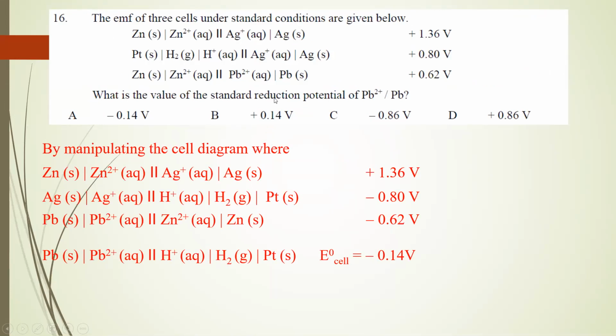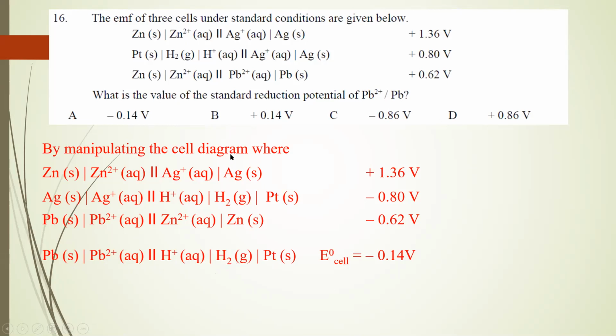there are two ways. You can use the cancelling of each other technique for this one. So you try to get into the position where Pb2+ is the oxidizing agent, while H+/H2 acts as the... Pb2+ is at the left side, H+/H2 is at the right side in here.